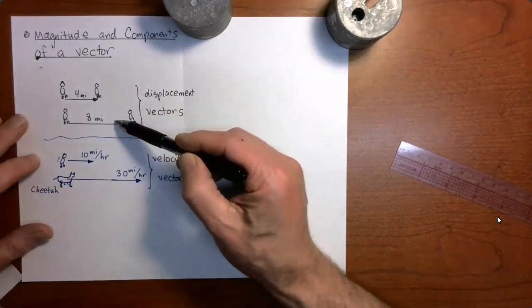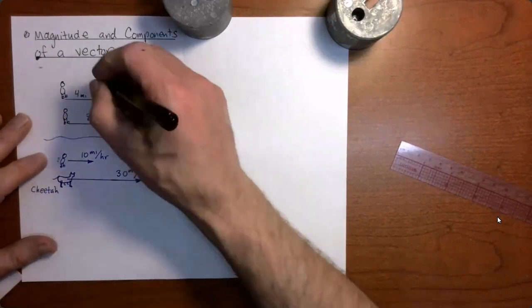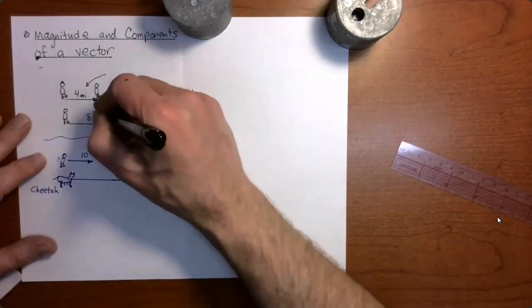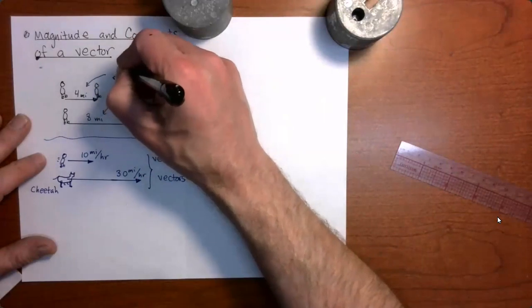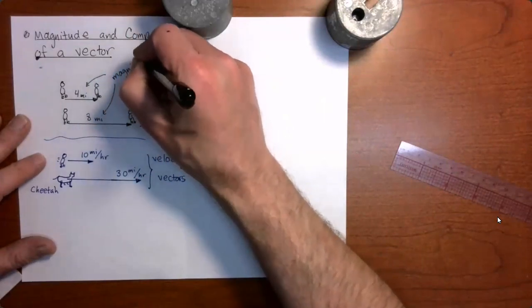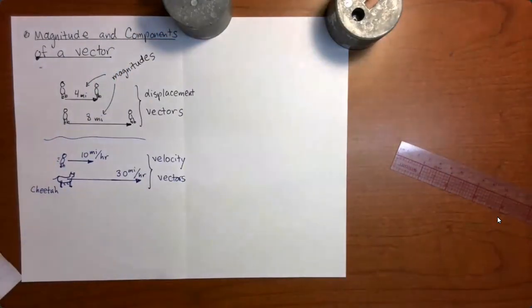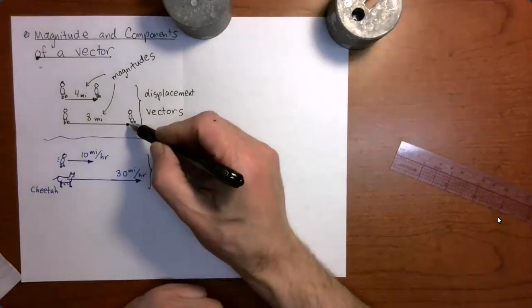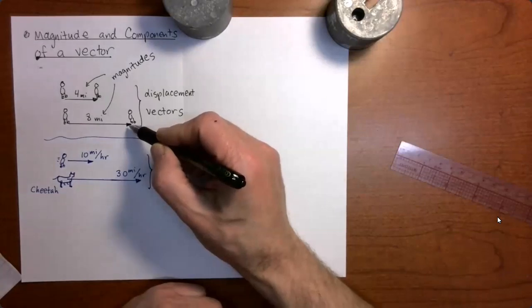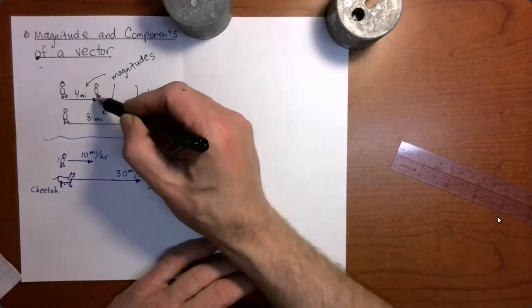The magnitude of this displacement vector is 8 miles. So these values are the magnitudes of those two displacement vectors. Notice that the 8-mile displacement is represented with a vector which is twice as long as the 4-mile displacement.